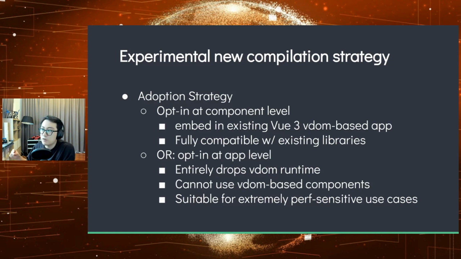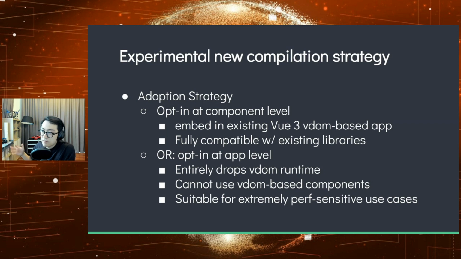Then we need interop between virtual DOM-based components and this new compilation format. So the ideal format of this will be fully compatible with existing libraries and apps. So you essentially just say, okay, for these components, I want to compile in the new mode so that they're faster and more performant, but everything else works the same as before.